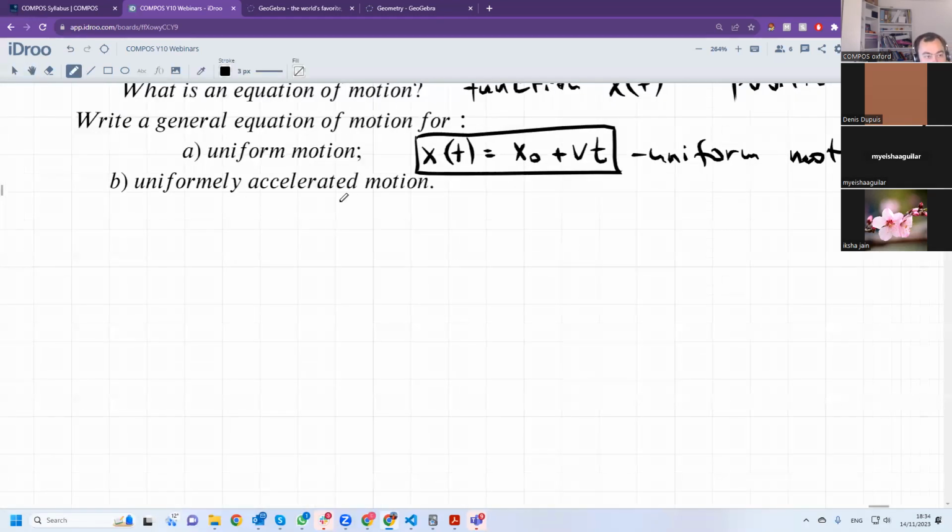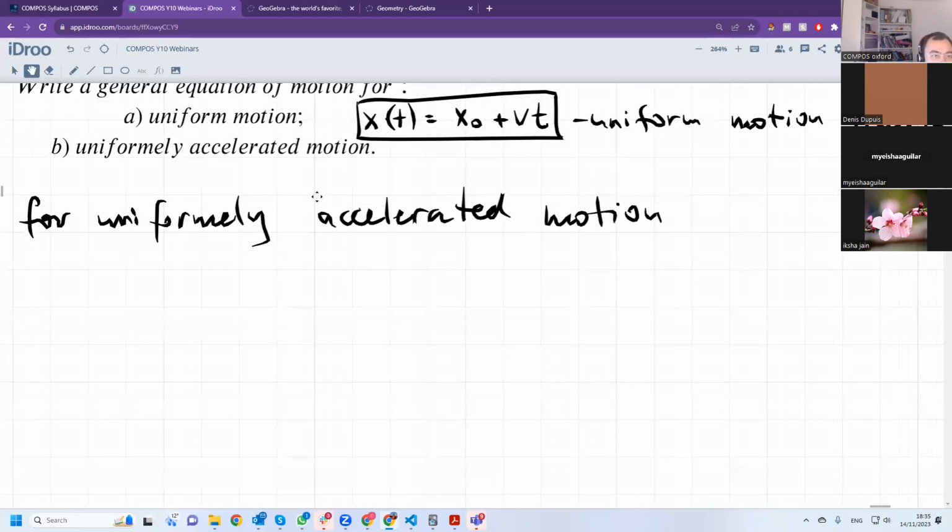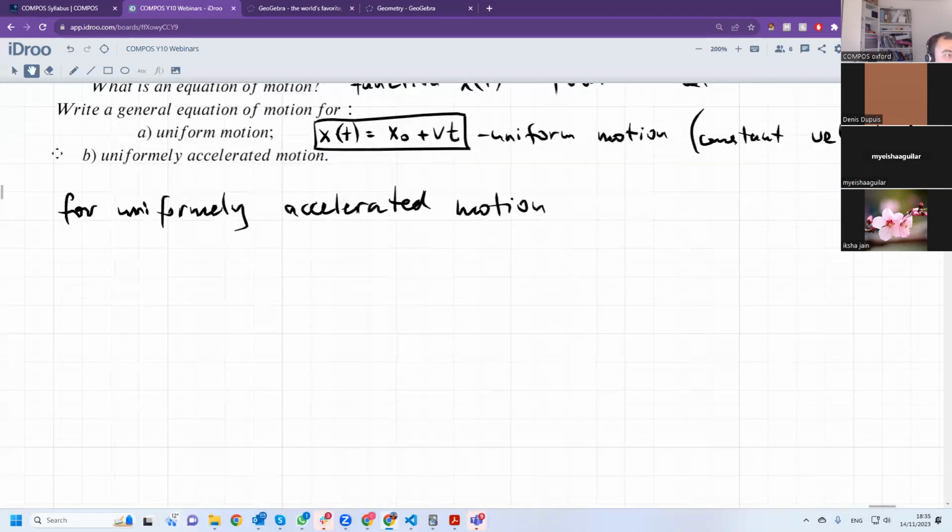For uniformly accelerated motion, similar to this expression, I can write, let's say, u is the initial velocity, and v is the final velocity.